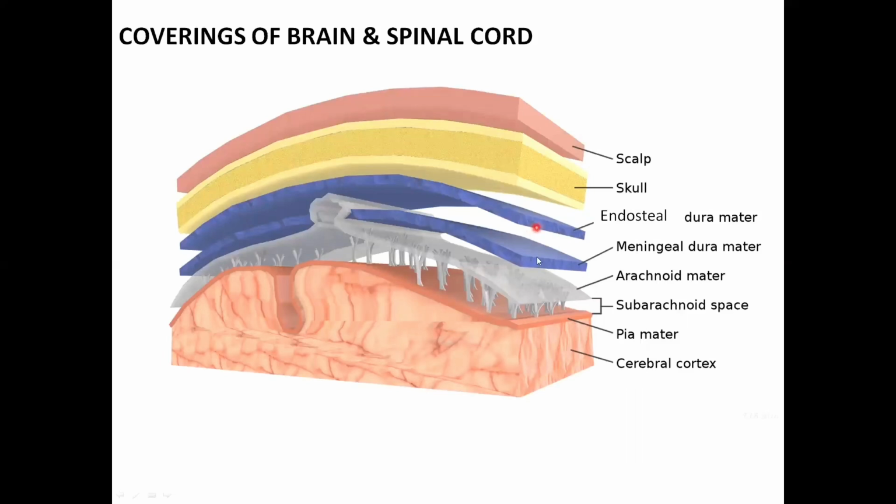And the dura mater that covers the brain is further divided into two layers, the endosteal layer and the meningeal layer. The endosteal layer lines the inner surface of the cranium. It is also called endocranium. Whereas the meningeal layer of the dura mater is actually adherent to the endosteal layer except at certain places.